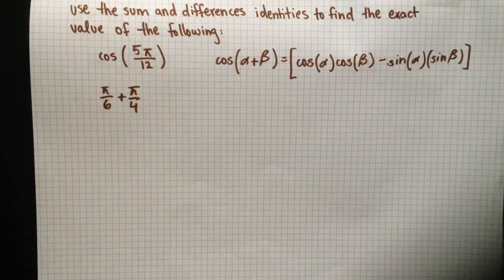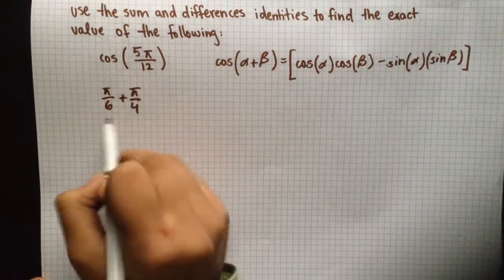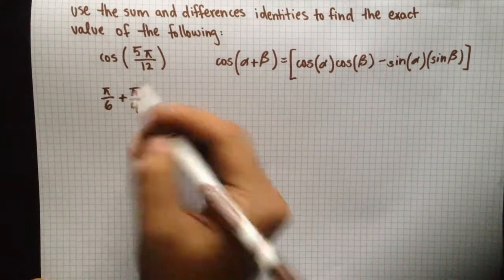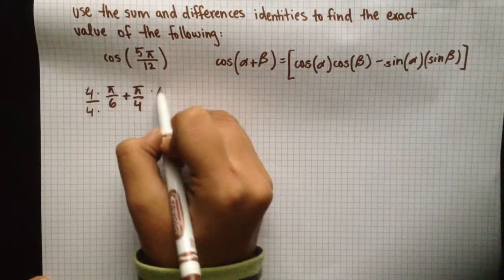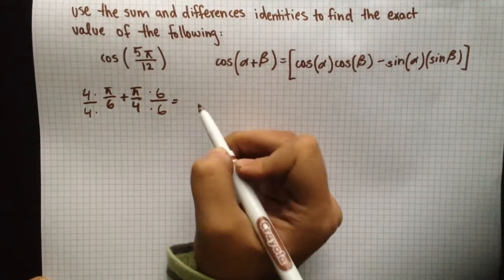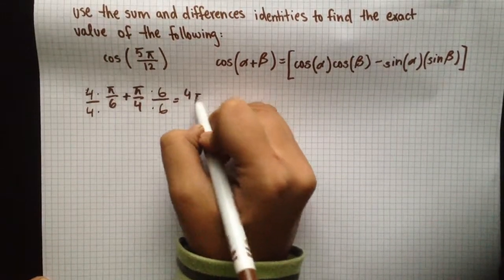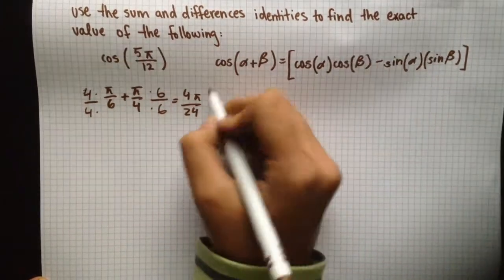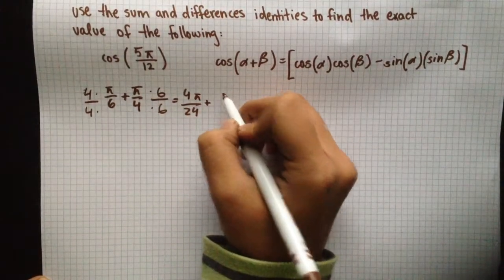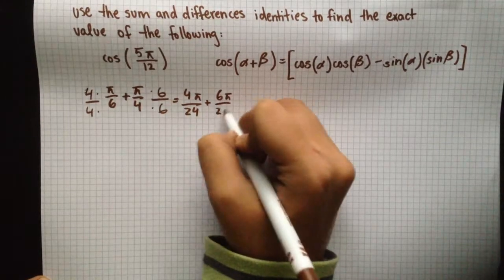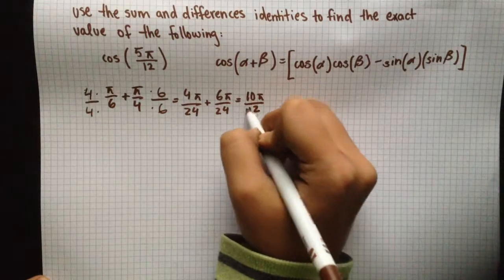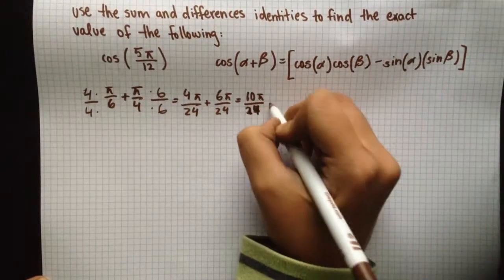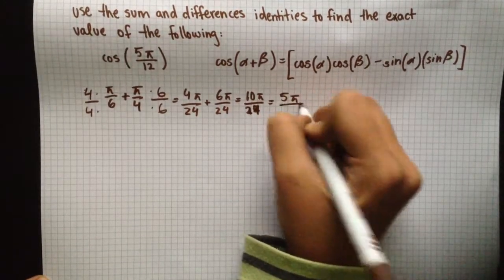How do I know that? Because when I tried to get common denominators to add these, I multiplied this side by 4 and this side by 6 to get 4 pi over 24 plus 6 pi over 24 equals 10 pi over 24, sorry, which simplifies to 5 pi over 12.